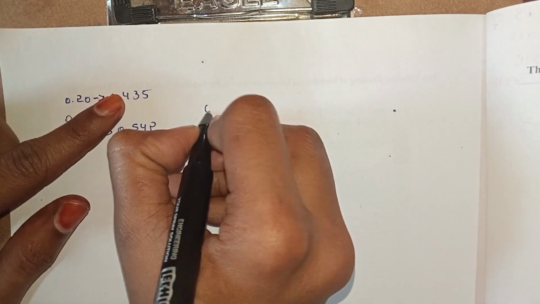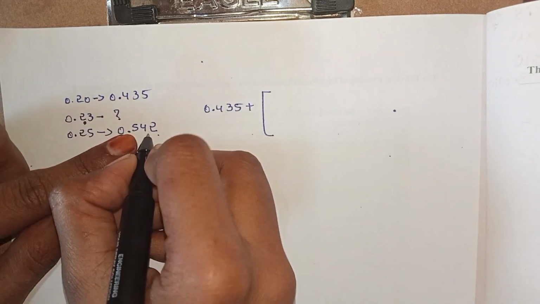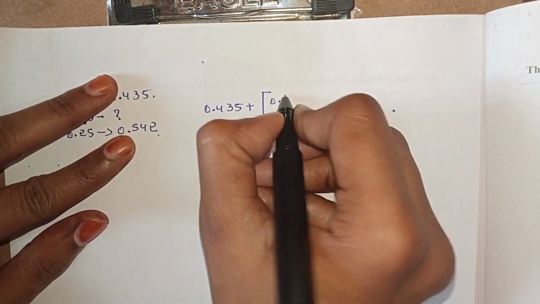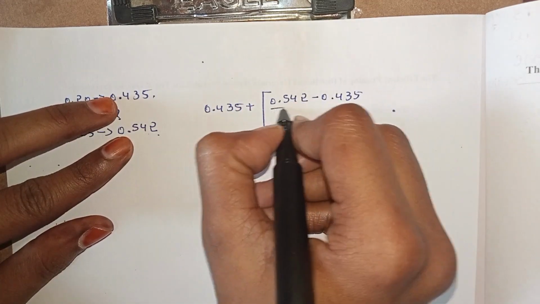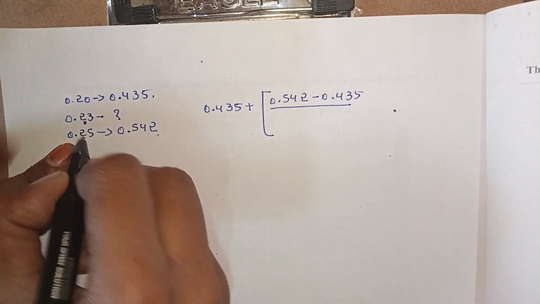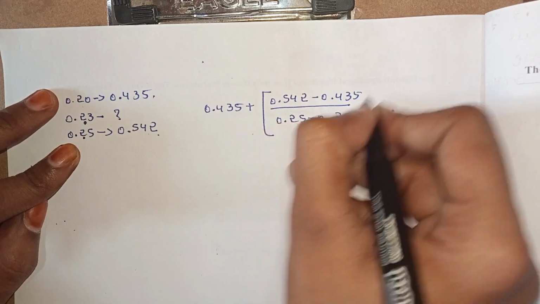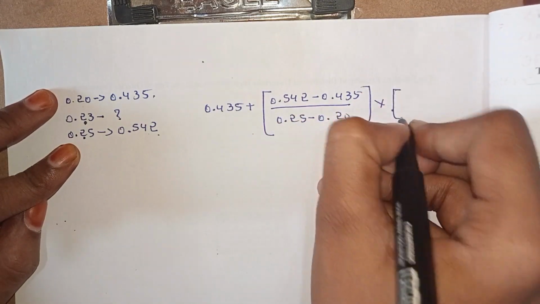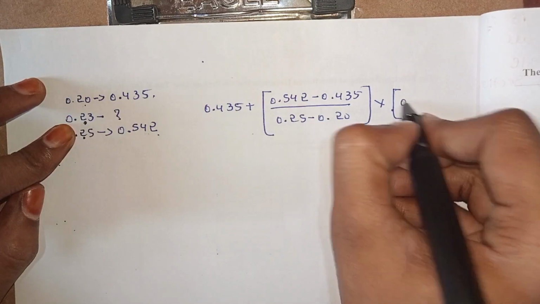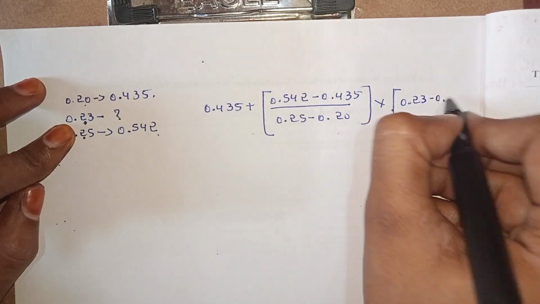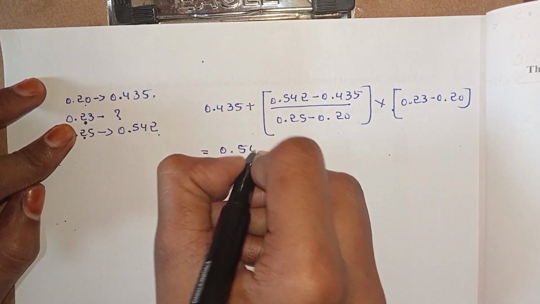So 0.435 plus, bracket open, 0.542 minus 0.435 divided by 0.25 minus 0.20, bracket close, into 0.23 minus 0.20. Finally we got the answer as 0.50.